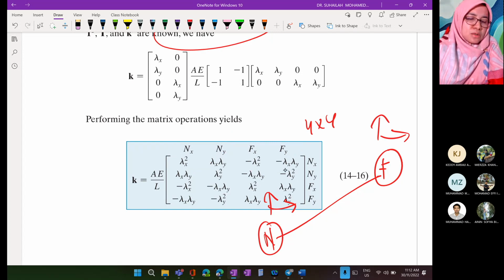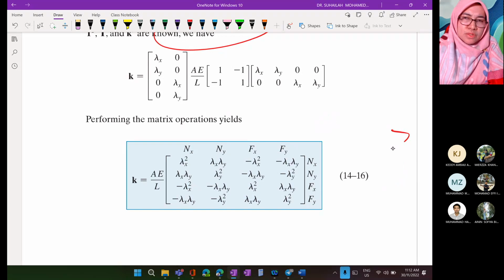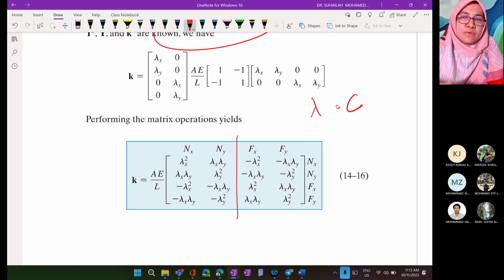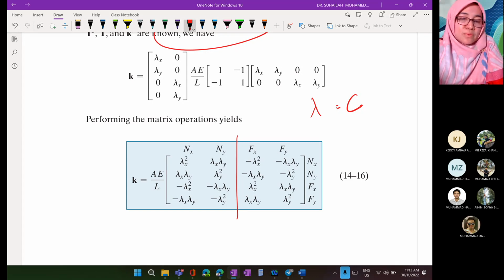Okay, so this is the formula that you are going to use when you analyze truss. This lambda can also be written as C, because if you look at another textbook, or at past exam papers, you may find that we use the symbol C. So C and lambda are actually equal.